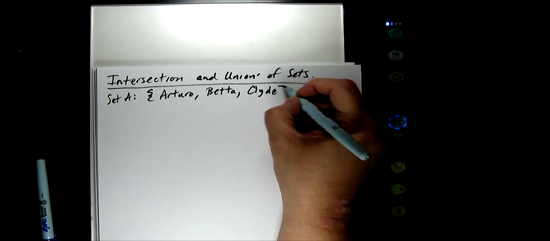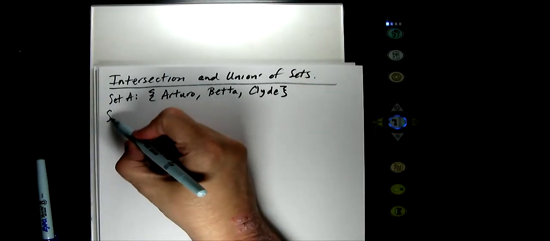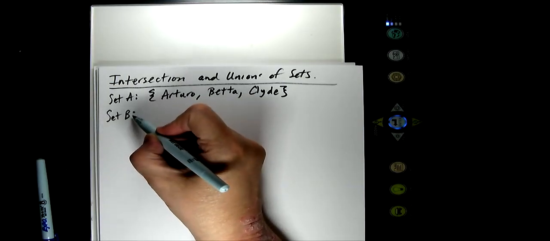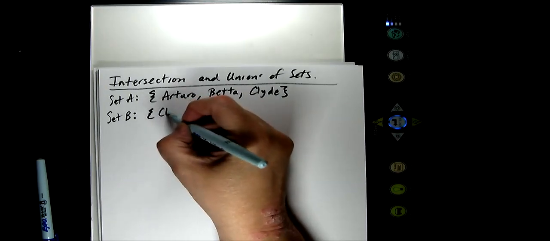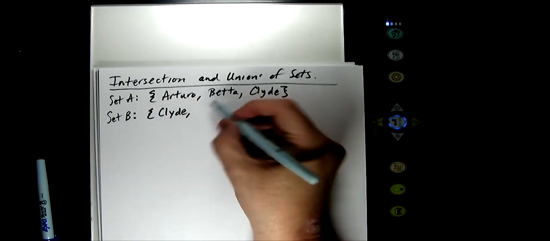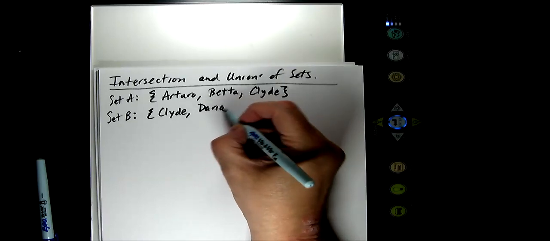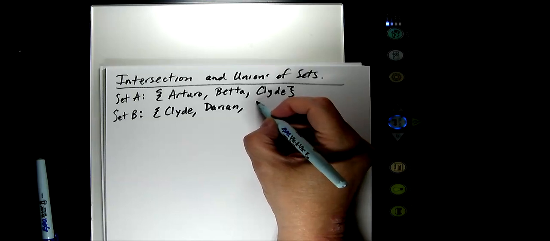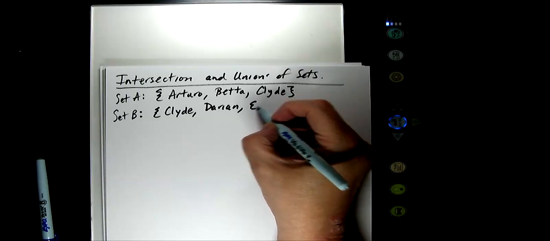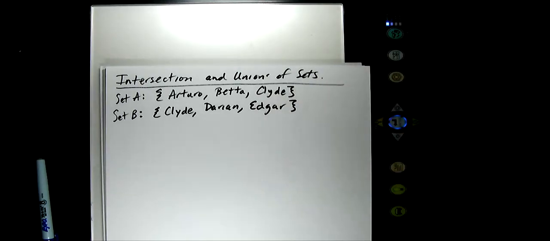Clyde sounds like a good name. We use curly braces for sets. And set B will have 3 people in it also. It's gonna have Clyde, Darian, and Edgar. I was gonna go with Elizabeth, but we already got close to that.